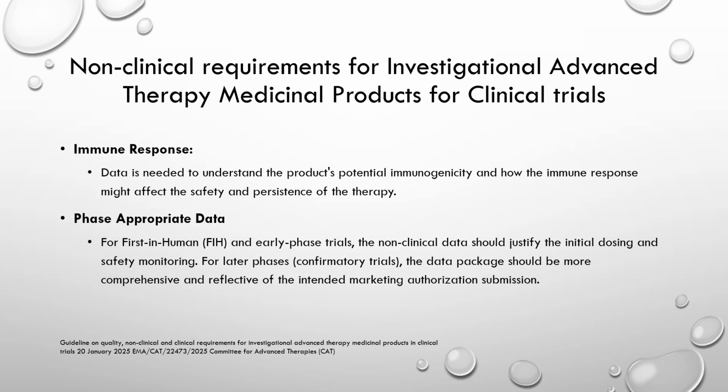For your later confirmatory trials, the data package should be more comprehensive and reflective of an intended marketing authorization submission. In order to justify your confirmatory trials, you use the information from your exploratory data. So these will be looking at your dosing schedule, your dose escalation schedule, your initial starting dose, and your biological activity data.